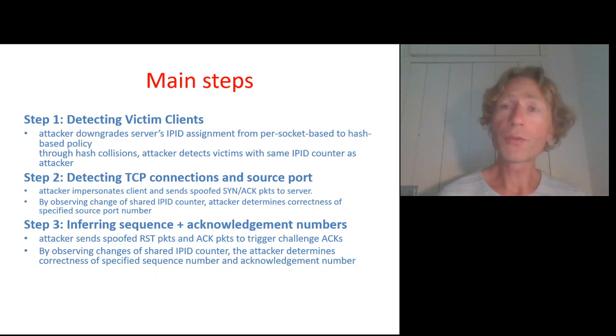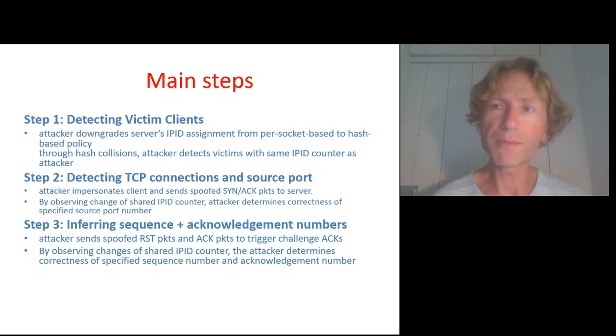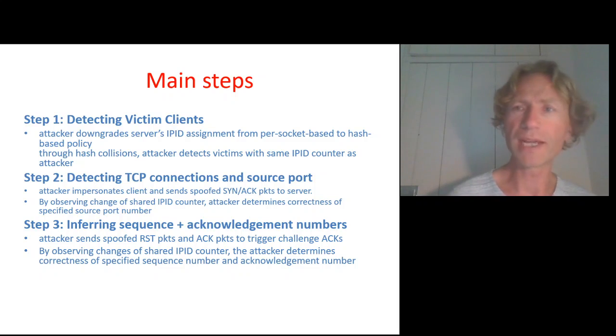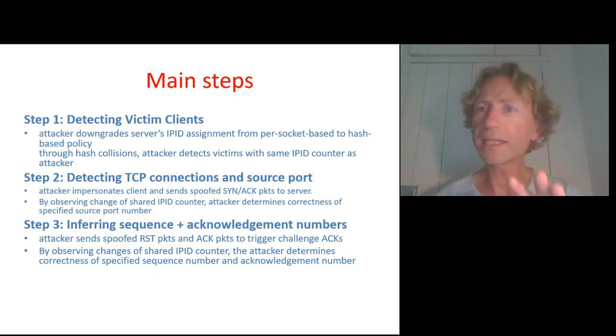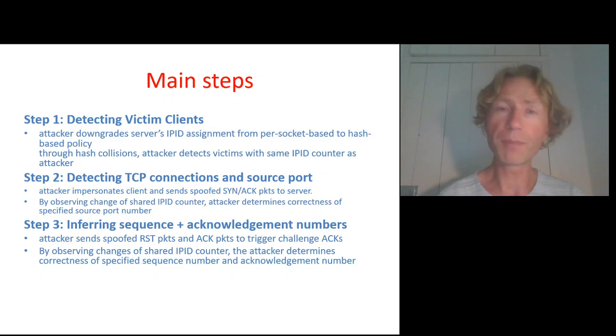Okay? And then through hash collisions, we can detect that the victim uses the same IP ID counter as the attacker. And then we have a shared counter, which is great. We have to be a little bit lucky there, or we have to have quite a few IP addresses that we control. But in principle, it's a viable way of doing things, as we shall see.